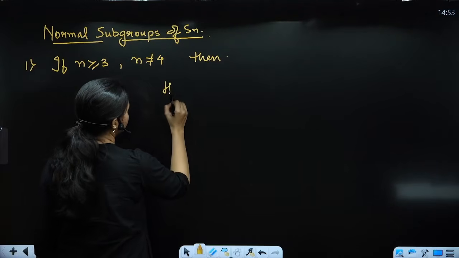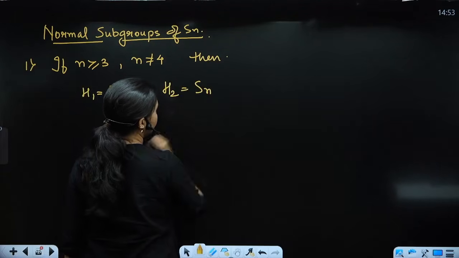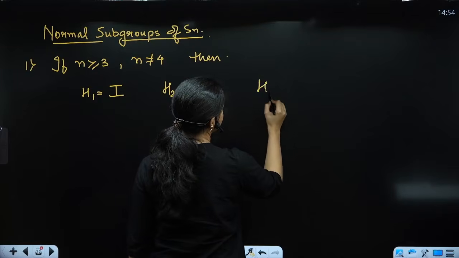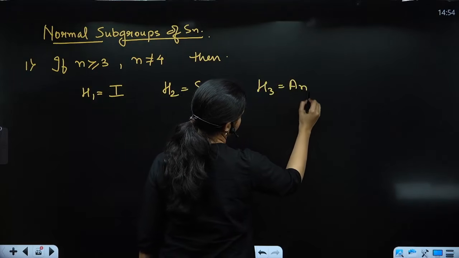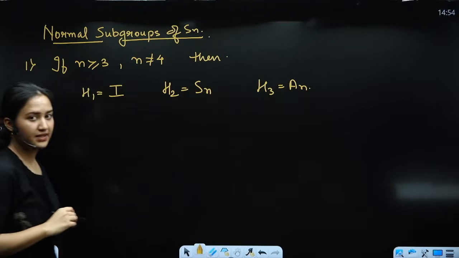Then you have H2 equals Sn itself, right? And then you have H3 equals An. These are the normal subgroups.